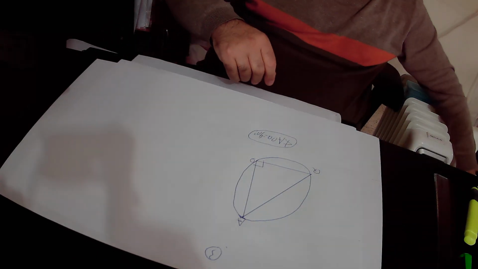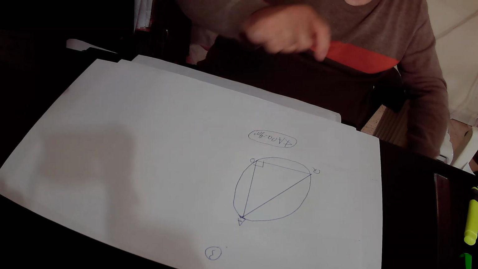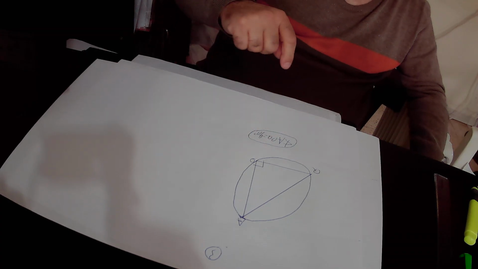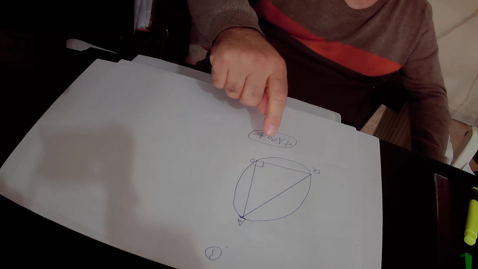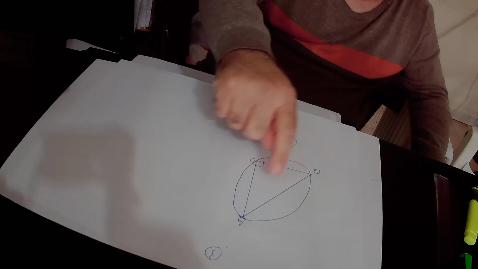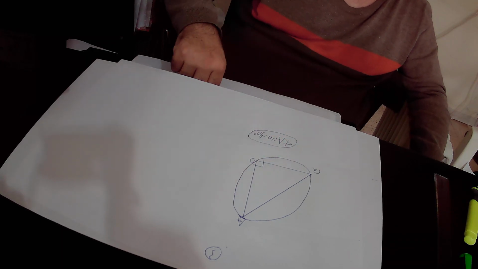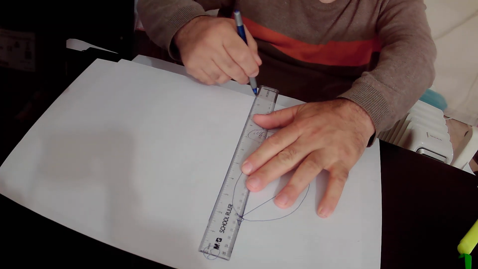Because peripheral angle AOQ is equal to 90 degrees, angle AOQ must rest on the diameter of the circle. That is to say, QA is the diameter of the circle.